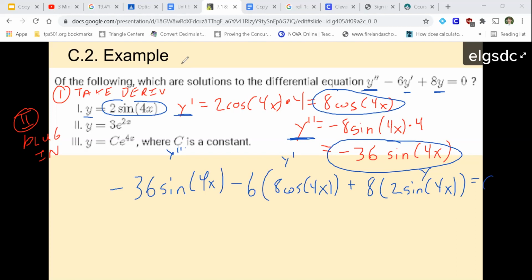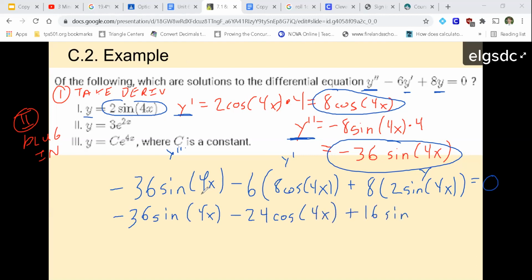And our question is, does that equal 0? So if we simplify this, what you get is negative 36 sine of 4x minus 24 cosine of 4x plus 16 sine of 4x.